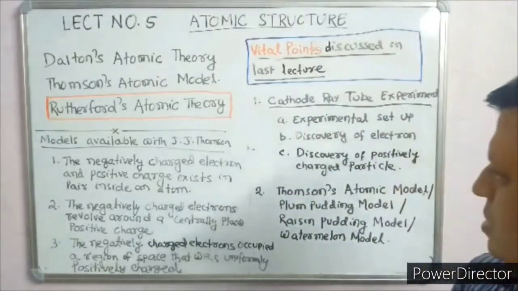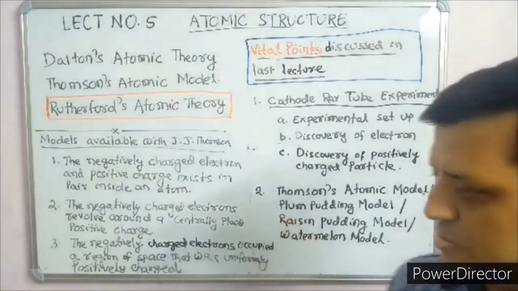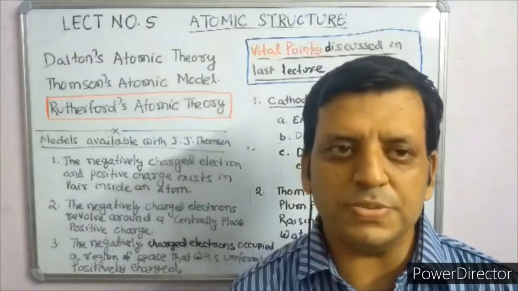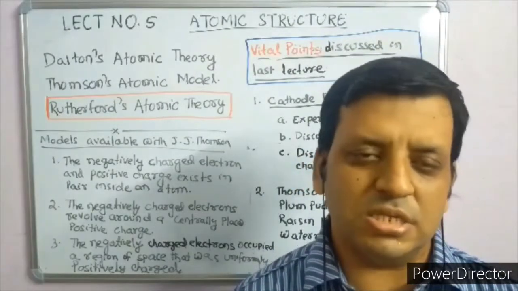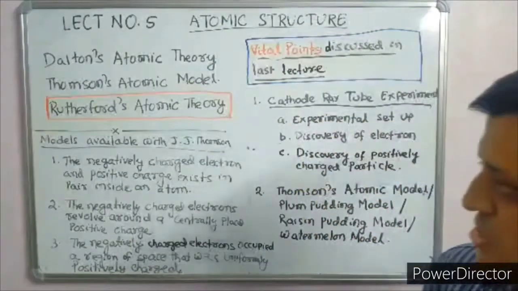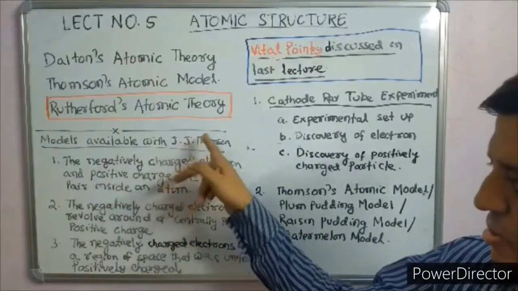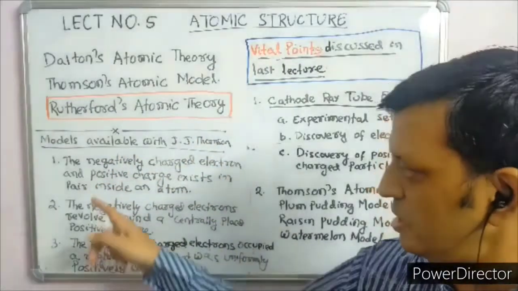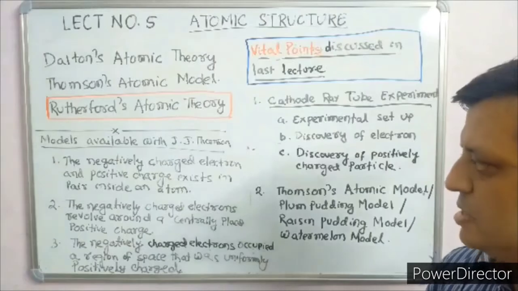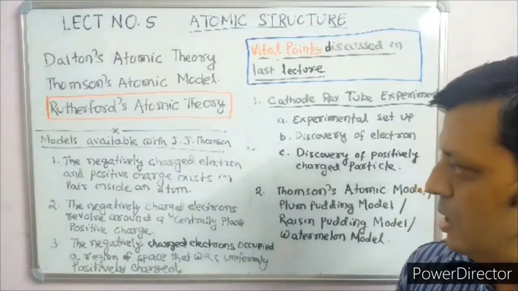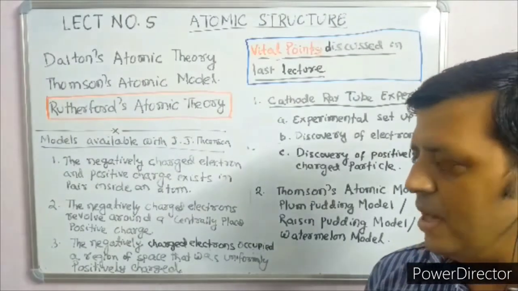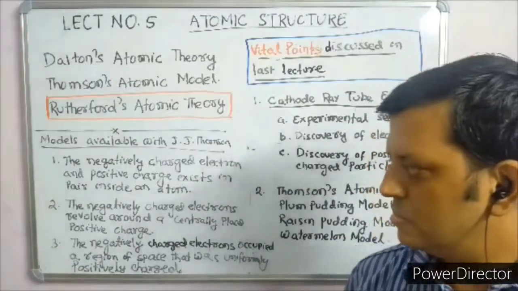So, the theory proposed by the same scientist, J.J. Thomson, was based on the models available to him during that time. First of all, the negatively charged electron and positive charge exist in pairs inside an atom.